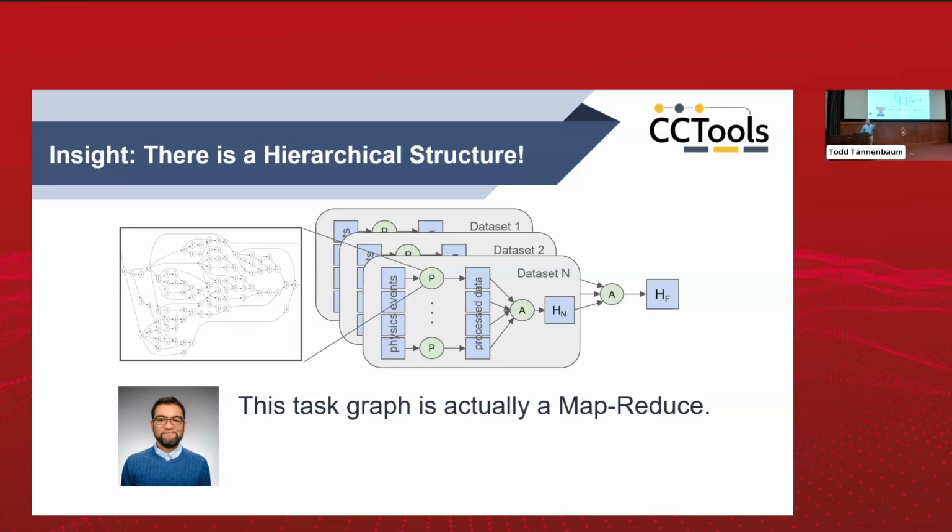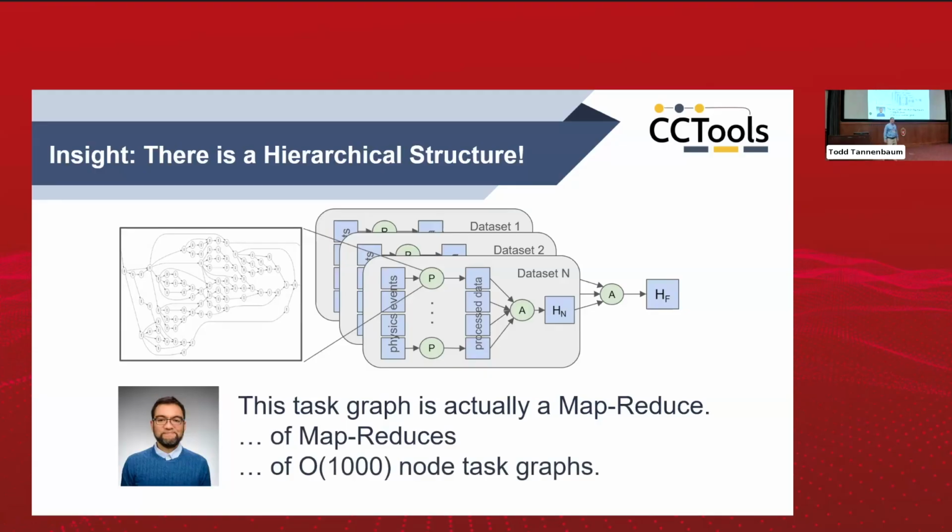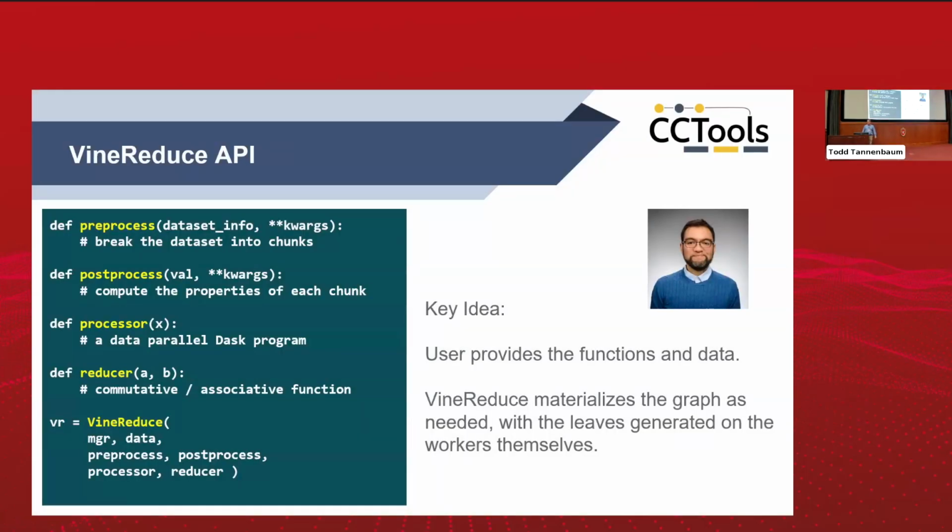Each node in that MapReduce is a MapReduce, and each node in that inner MapReduce is a 1,000-node task graph. So we're making some progress. There is a hierarchy. Maybe if we design a system that respects the hierarchy of the thing we're trying to process, we can do a better job, so we don't have to do 180,000 of all the things up front.